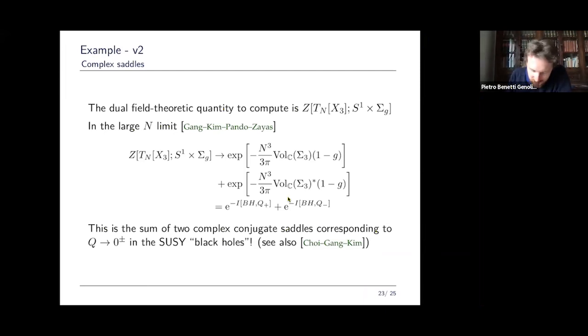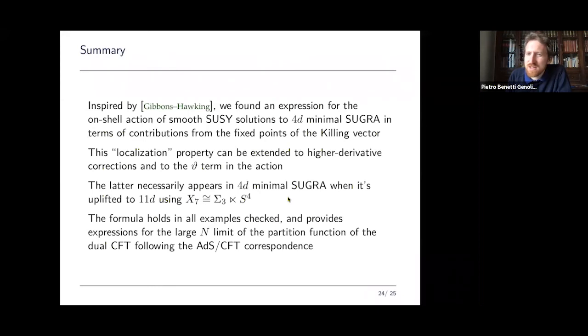Okay, so I think I'm already almost over time, so let me summarize and conclude. We found an expression for the on-shell action of all the smooth supersymmetric solutions of the simplest theory of gravity in 4 dimensions.